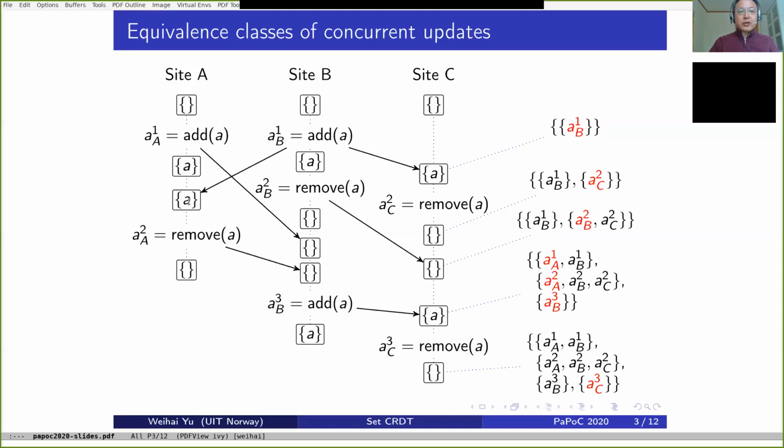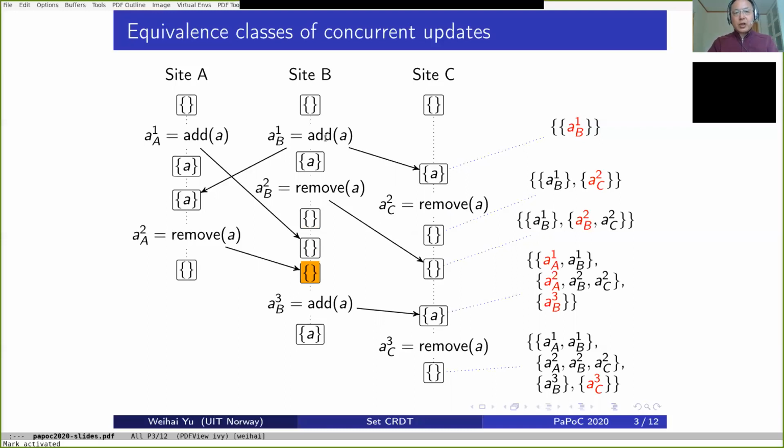So from all these equivalent states, again, if we apply the same operation by removing the same element, we achieve equivalent states again. With this observation, we can try to represent the states of a single element in terms of equivalence classes of updates.